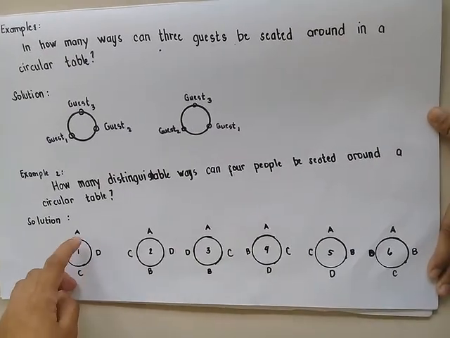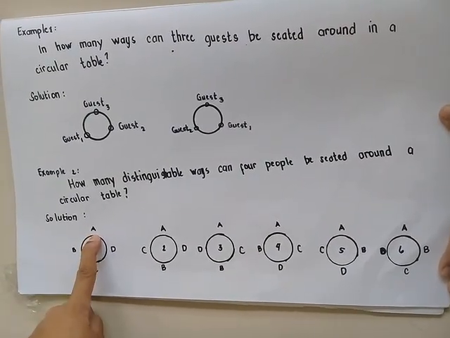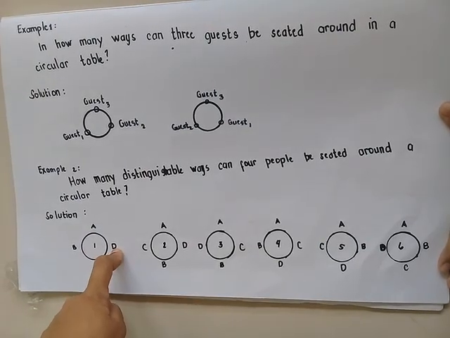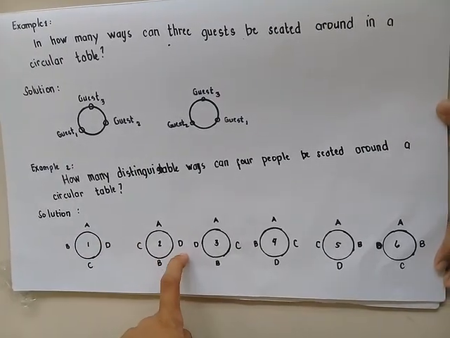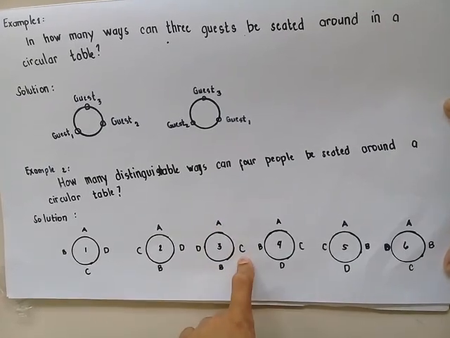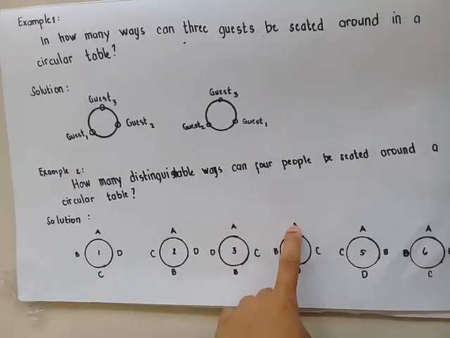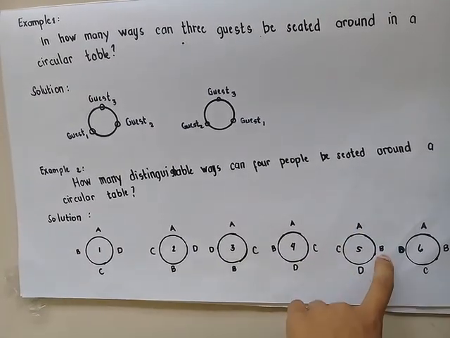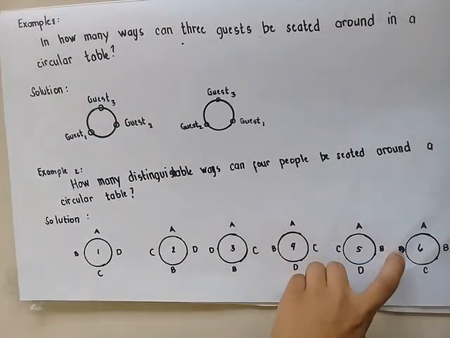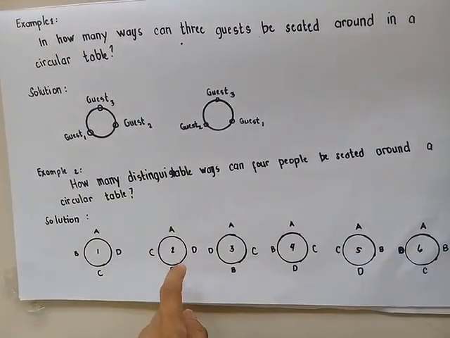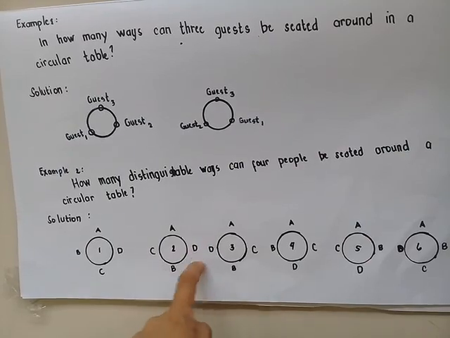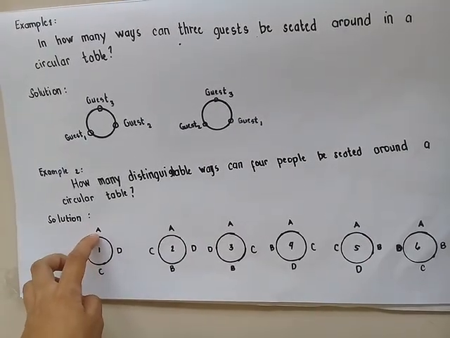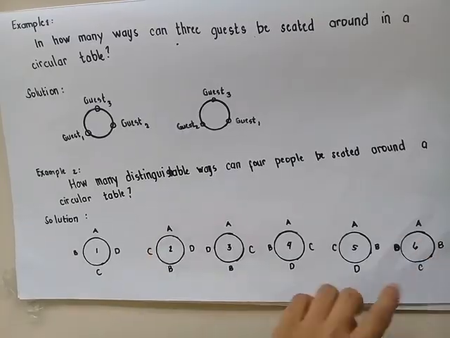Let's say our reference is A. The first arrangement is A, B, C, D. Second arrangement, A, C, B, D. Third arrangement will be A, D, B, C. The fourth arrangement will be A, B, D, C. Fifth arrangement will be A, C, D, B. And the last arrangement will be A, D, C, B. Only the three letters will interchange because our reference point or our reference seat is letter A. So there are 6 ways to seat 4 people in a circular table.